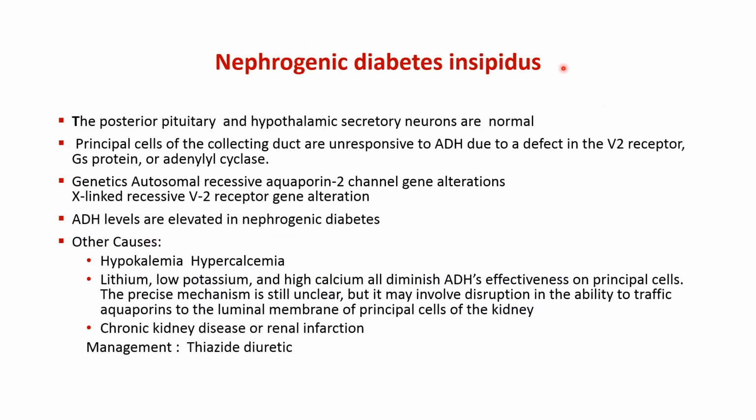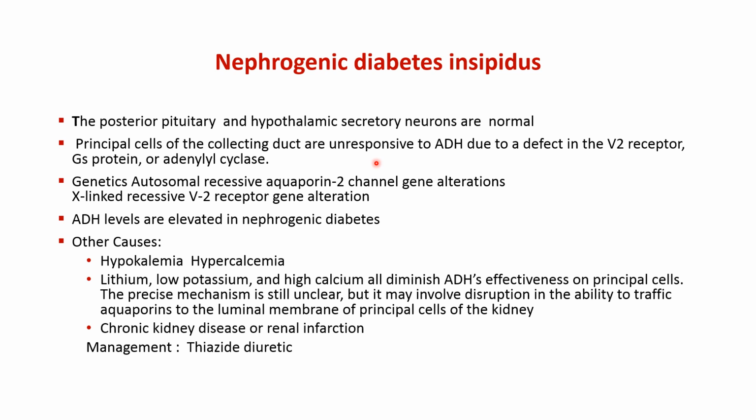In nephrogenic, as I said, there is nothing wrong with the pituitary gland or the hypothalamus. However, the principal cells of the collecting duct, the epithelial cells known as principal cells, are unresponsive to ADH due to a defect in the V2 receptors or the Gs adenyl cyclase coupling mechanism.